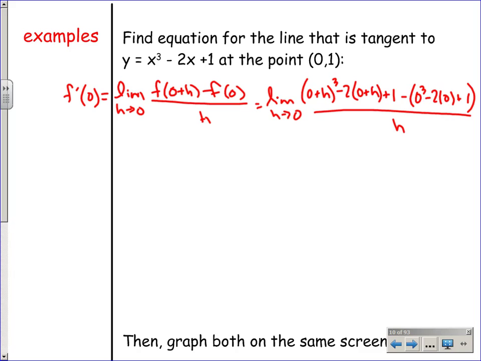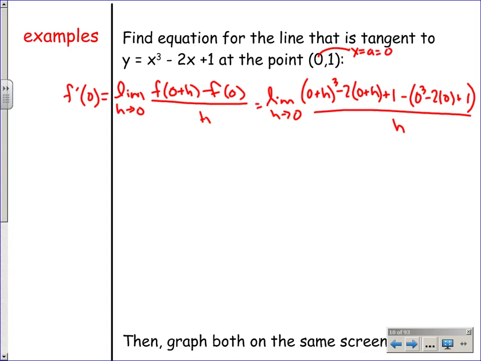So I did plug in a plus h or 0 plus h, because 0 is in the x spot. That's why I'm using that for my a. Plugging in 0 for f of 0.